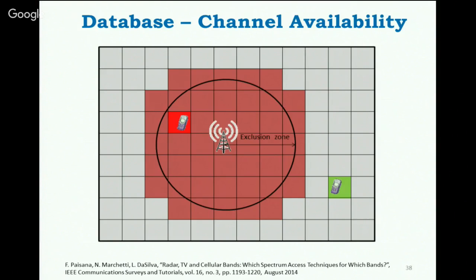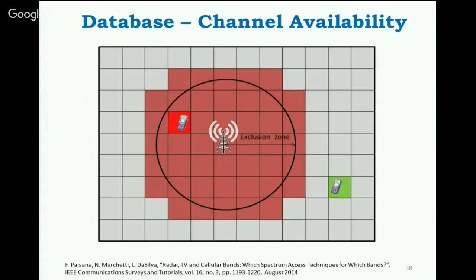Okay, so the principle is that some information about the incumbent or primary user or licensed user, I'm going to use these different words in an interchangeable fashion, okay. So some information about this primary system is stored in the database. This information could be, for example, the region where the primary is active or not active.